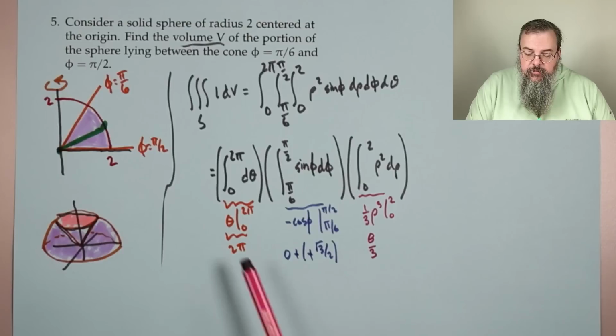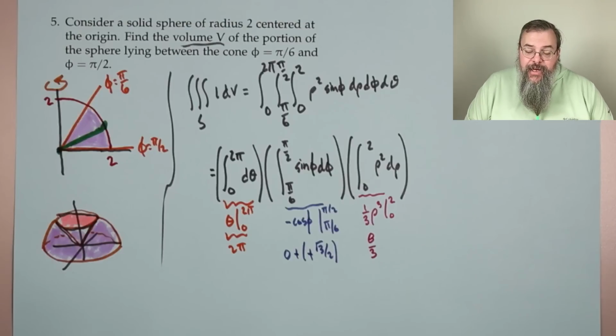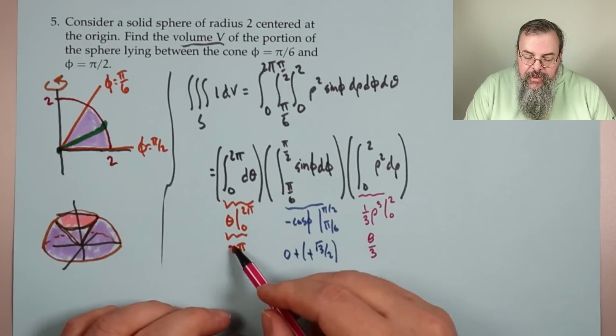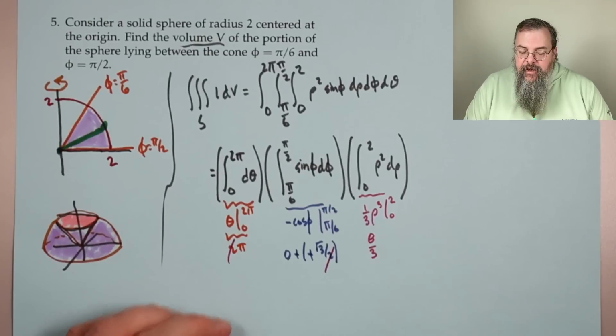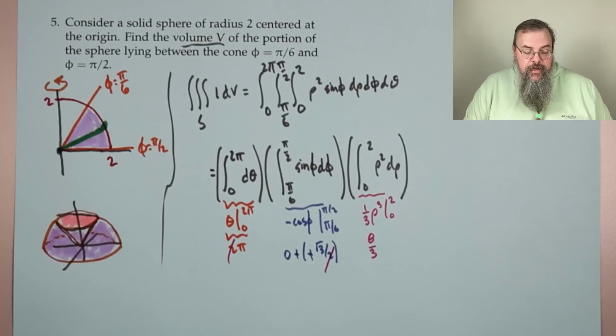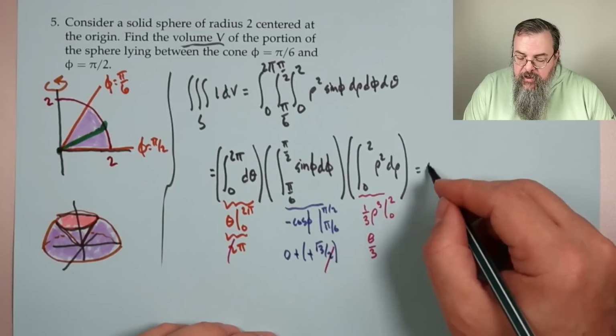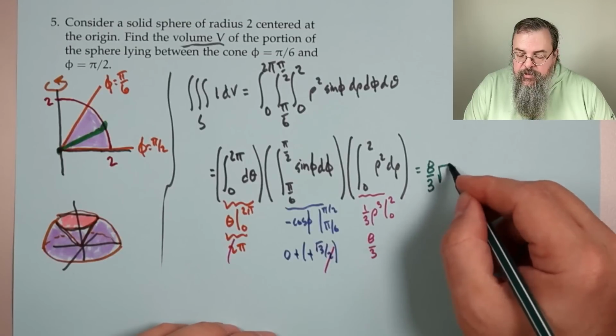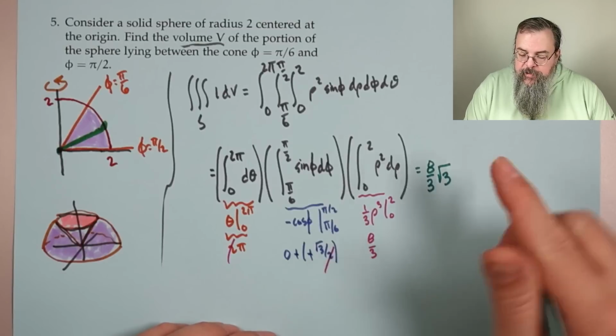And so now, multiply them together. 2 pi times root 3 over 2 times 8/3. Well, you can get a 2 to cancel, and so what do we end up with? We end up with, at the end, 8/3 times root 3 times pi.